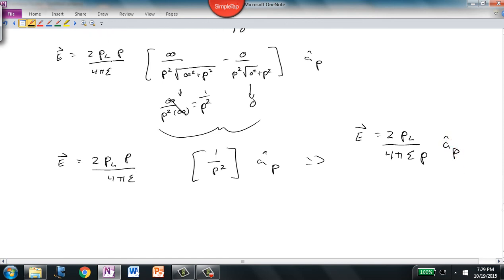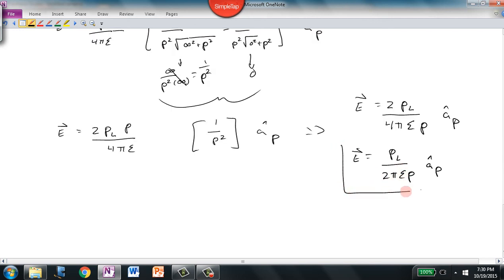I saw a 2 here and realized that for some reason I hadn't canceled these, so E is equal to rho sub L over 2 pi epsilon rho a hat rho.